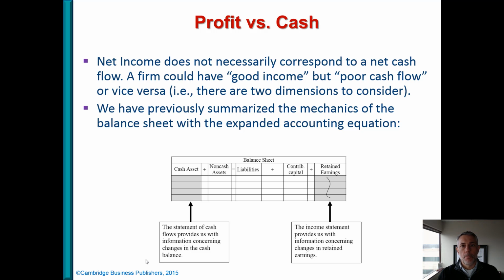So if we incurred the expenses and then didn't generate the revenues until the subsequent accounting period, the income statement will match those expenses with those revenues, but the statement of cash flows will tell us that one period vis-a-vis the second period looked much more, quote-unquote, profitable from a cash flow perspective.